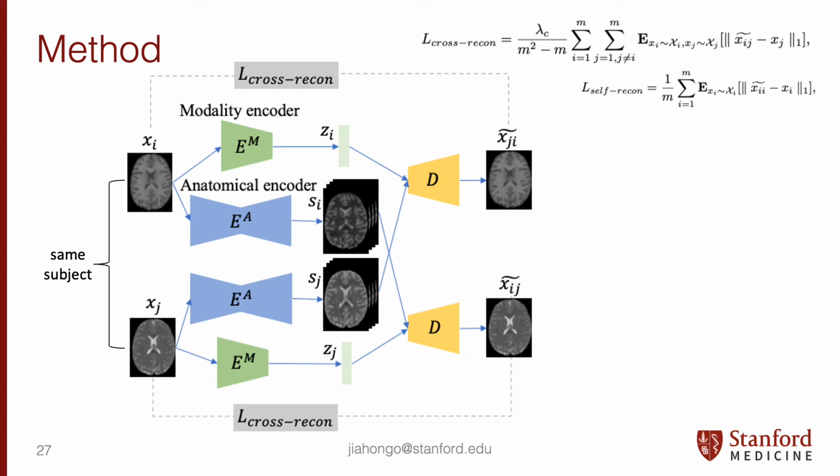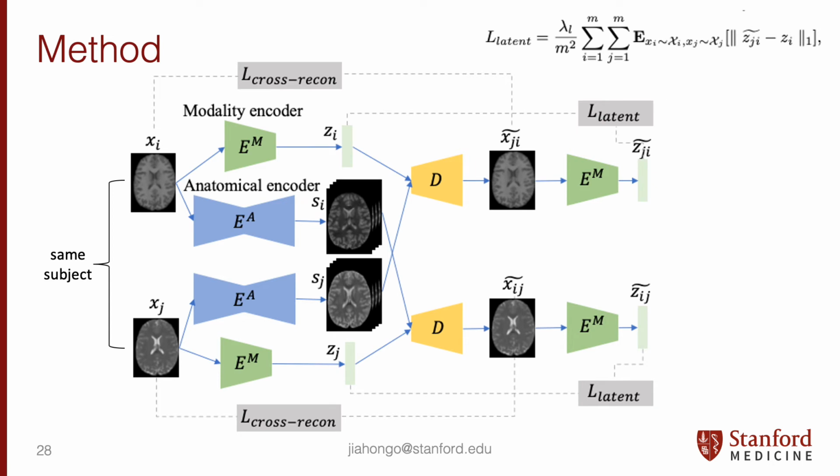The first loss component is the reconstruction loss. A pair of S and Z are fed into the decoder to get the reconstructed image X tilde. When S and Z are mixed and matched, it's the cross-reconstruction. When using S and Z from the same modality, it's the self-reconstruction.